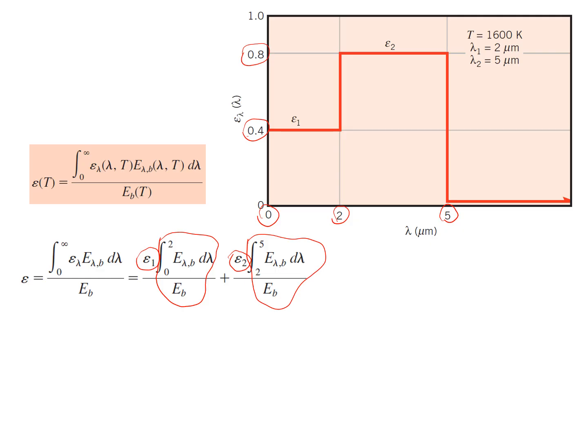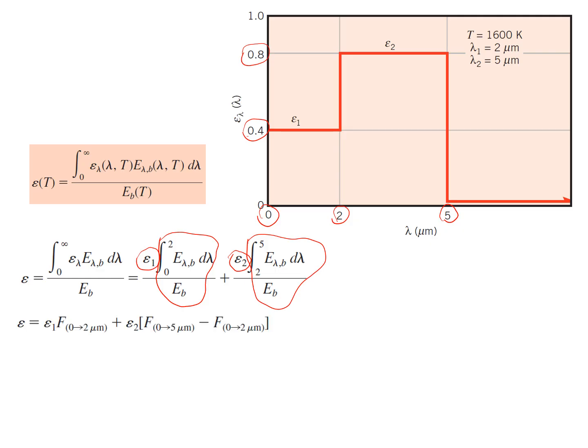The second one is emission from wavelength 2 to 5. By the way, these are emissions of a black body, divided by total emission of a black body over the entire spectrum of wavelengths. These are the ratios that we defined in the previous lecture, and we know that these values are evaluated in the table.